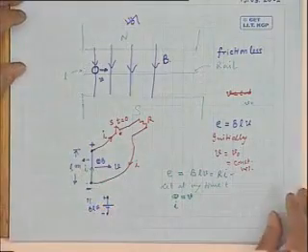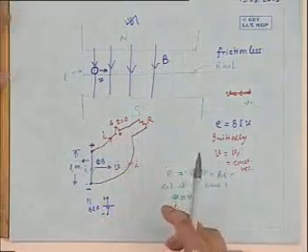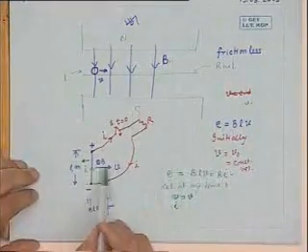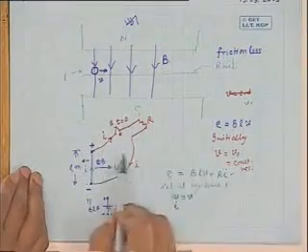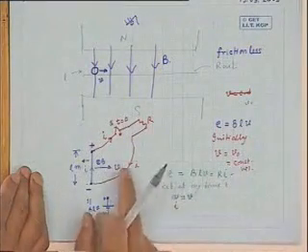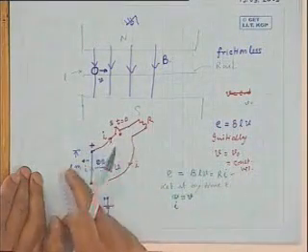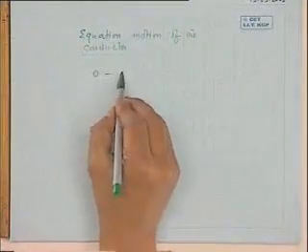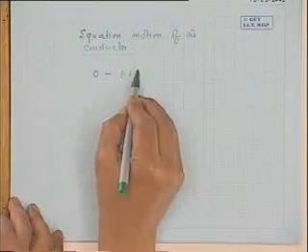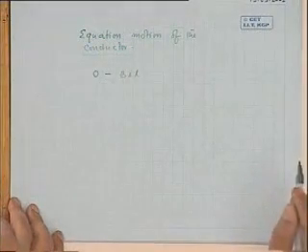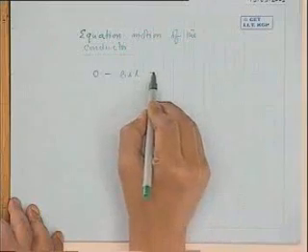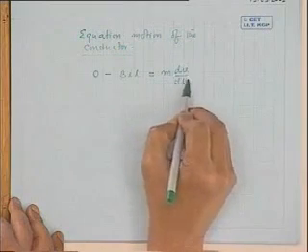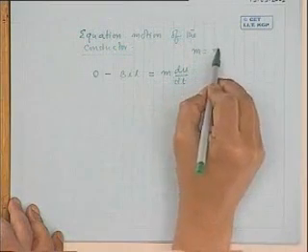That is, no prime mover was connected. After closing the switch also, let us assume no prime mover is connected. Therefore, what will the equation of motion be? Towards the right, from left to right, what is the force acting? 0 minus this opposite force, that is 0 minus BIL, is the net force acting from left to right. And this should be equal to what? M into dV/dt, where M is the mass of the conductor.